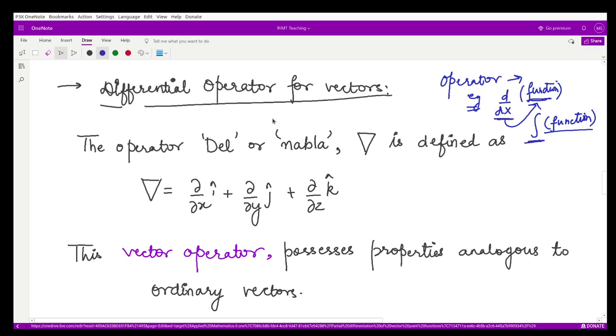So here we are defining another kind of operator which is popular by the names del or nabla, right? And the symbol is this reversed triangle. This is the del operator and it is defined like this. It relates the vectors and the partial derivatives.